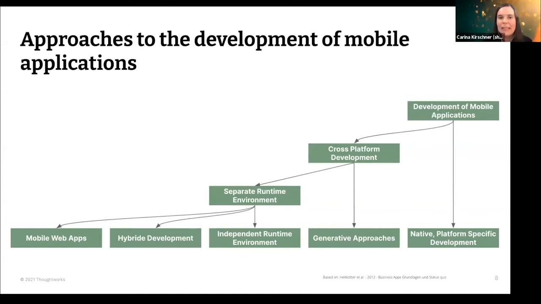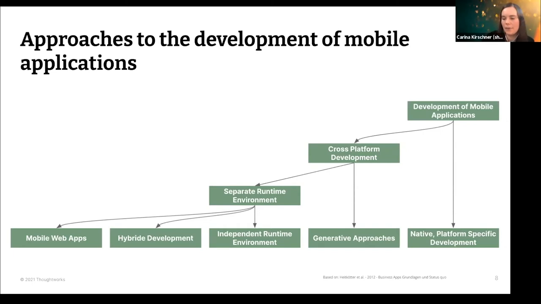That would mean that you develop your application in the native language of the platform, which, for Android, would be Java or Kotlin, and for iOS, Swift, or in older days, Objective-C.